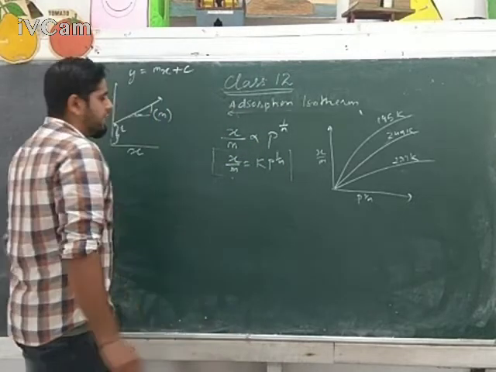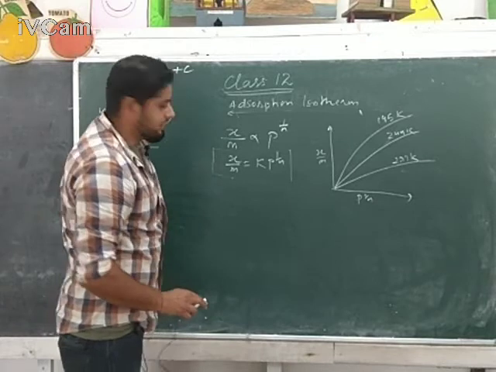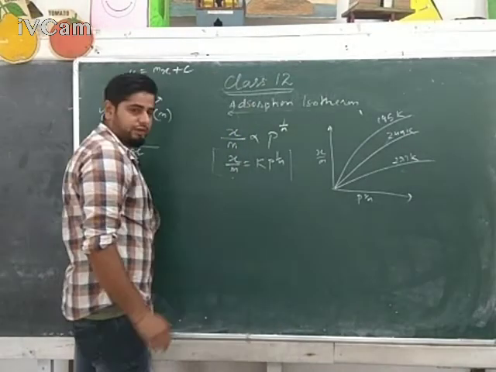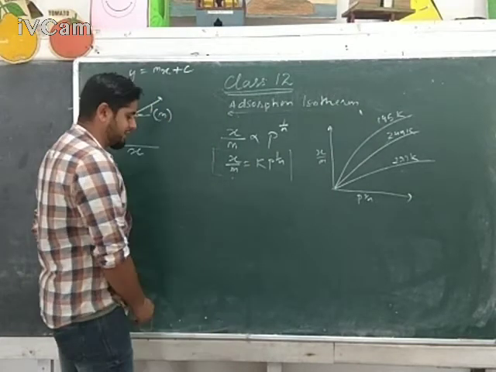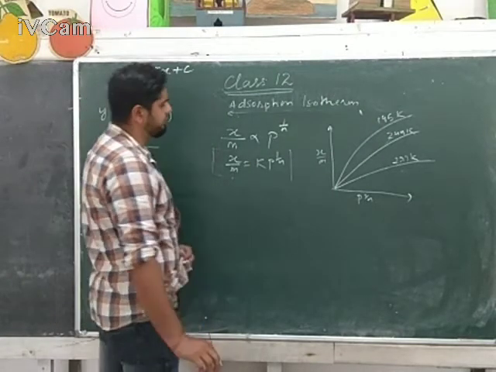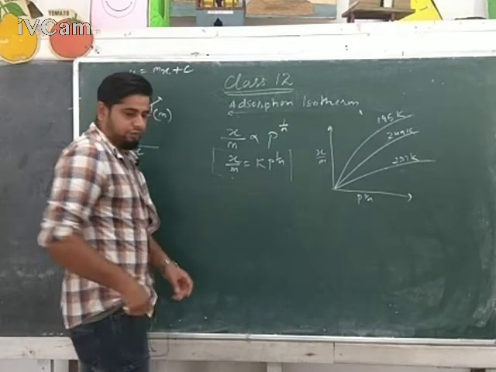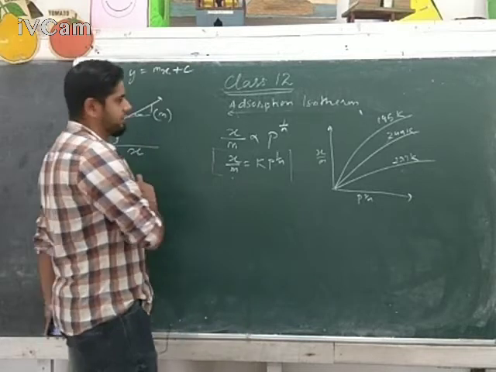Next, after adsorption isotherm, it is the same thing, but Freundlich expressed this in a different way, and that graph and isotherm is known as the Freundlich isotherm. So now we will do the Freundlich isotherm. Has this adsorption isotherm finished?